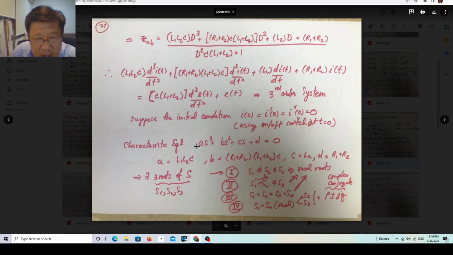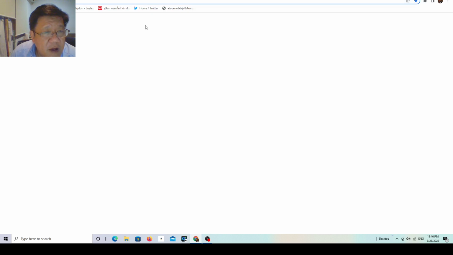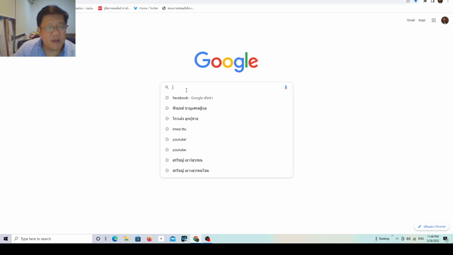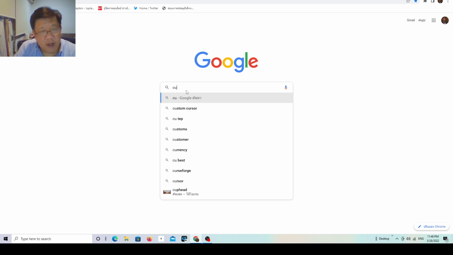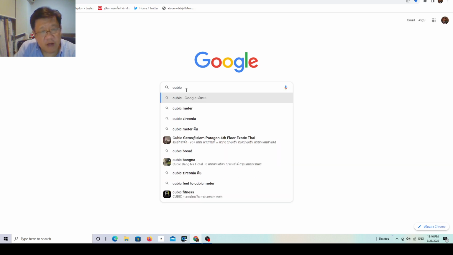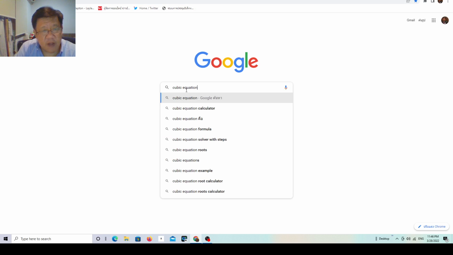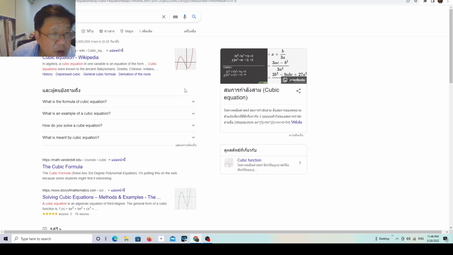So you need to find the roots of this cubic equation. But you might wonder, we discussed a little bit, how do we find the root of the cubic equation? I think that you can easily search in Google here. Suppose I type cubic equation.